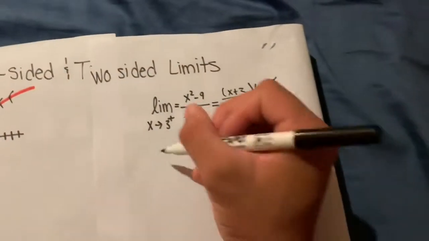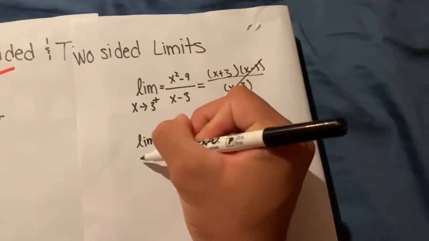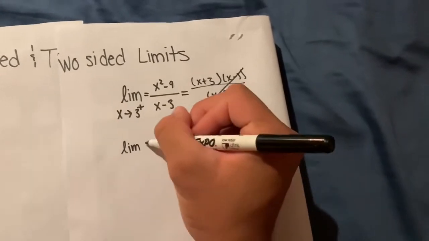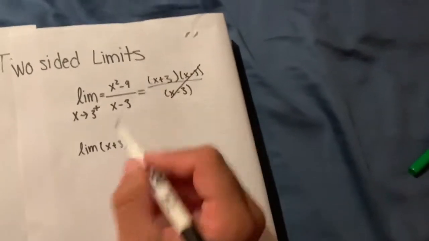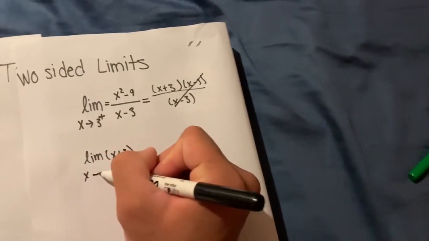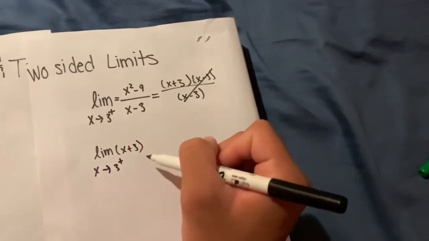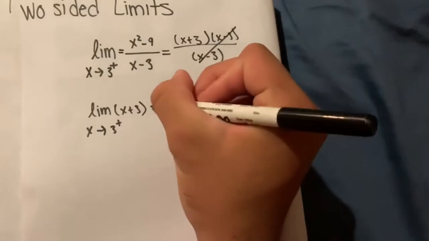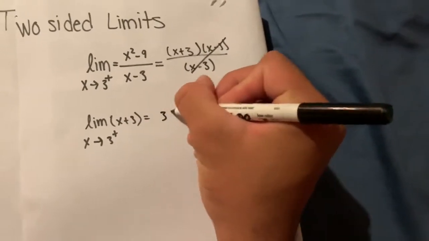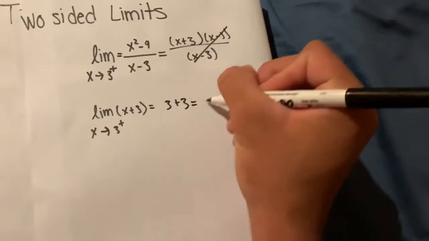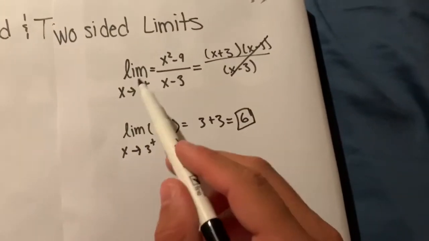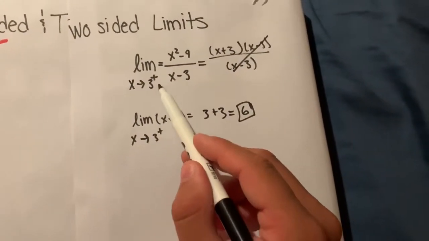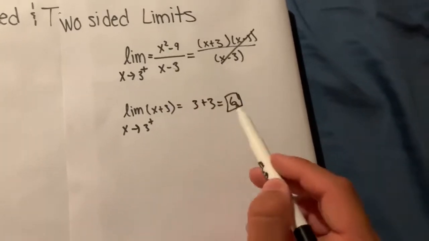When we cancel these out, our new limit is the limit of x plus 3, what was left over, as x approaches 3 from the right. Now it is just a matter of direct substitution, which will give us an answer of 6. So the limit as x approaches 3 from the right of this function is equal to 6.